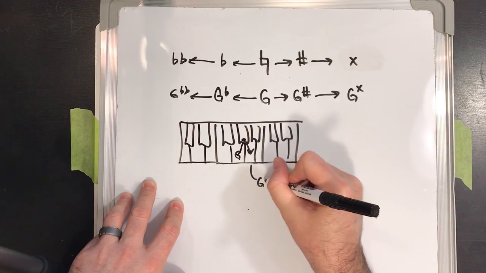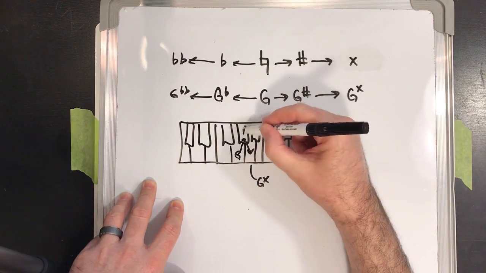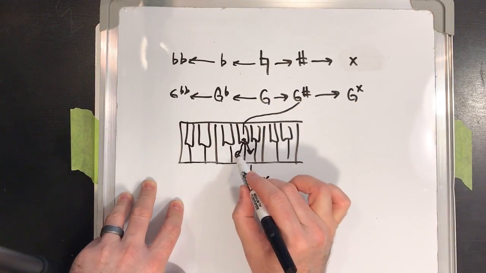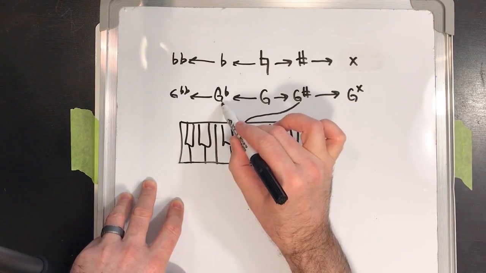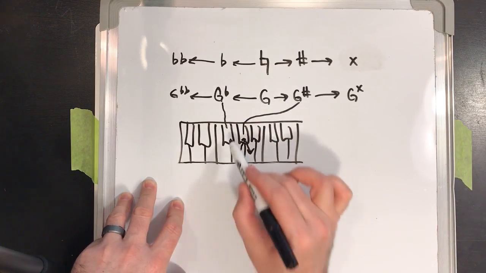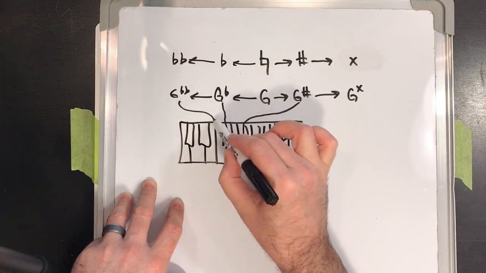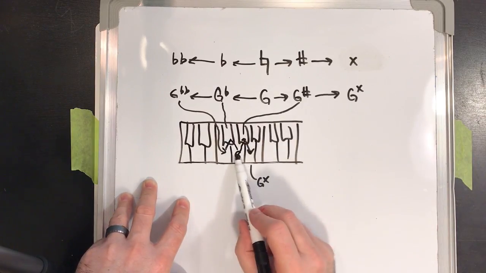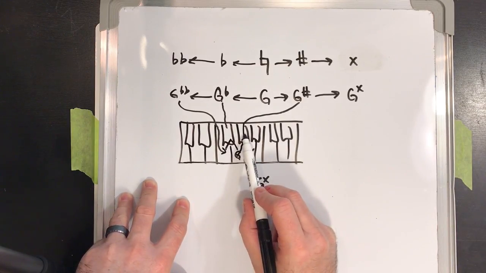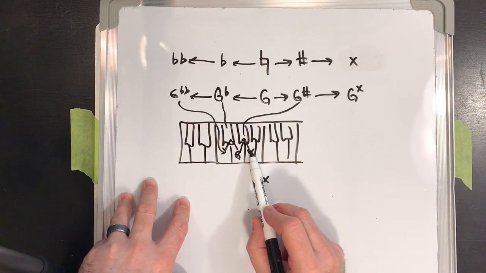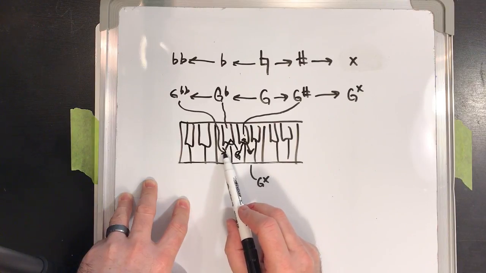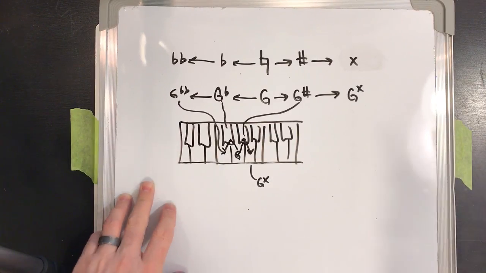So this is G double sharp. This is G sharp. If this is G, we go one down. The black note is G flat, and one down again would be G double flat. Here's G, black note is G sharp, step up is G double sharp. Here's G, down one step is G flat, down two steps is G double flat.